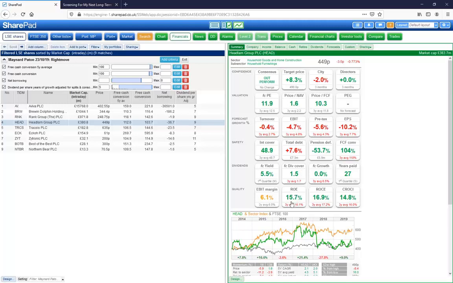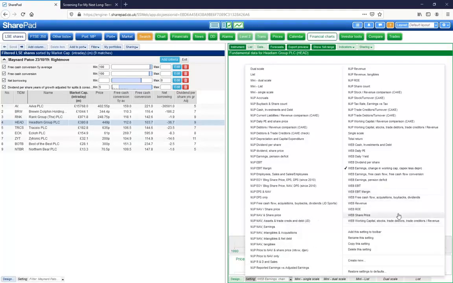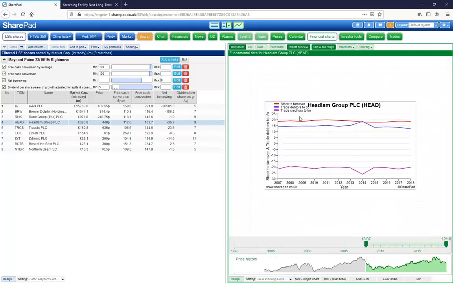Something else I'm going to show you is this financial chart here, and this one. This is impressive as well. This chart compares stock to turnover as a percentage, which is in red. The blue line is trade debtors here, and the pink line is trade creditors. So these are all working capital entries, and apart from this blip in 2014, the lines are all straight.